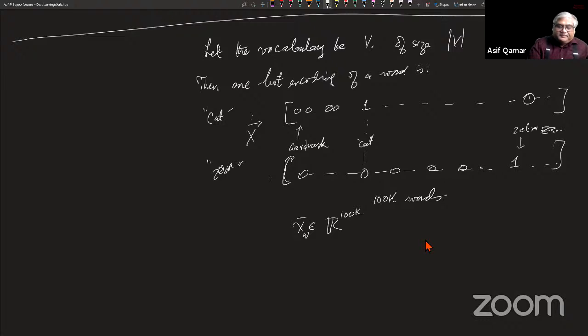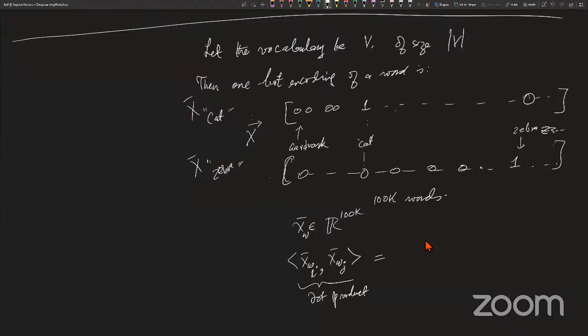Now, there is another problem. If you take any two words, word i and word j, what will the dot product be? What is the dot product or the distance between these two words? If you do a dot product between these two vectors, for cat and zebra, x cat and x zebra, it is always zero.